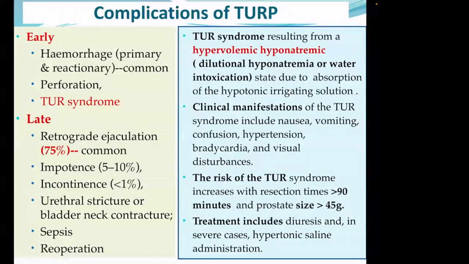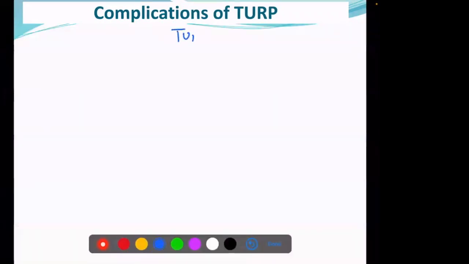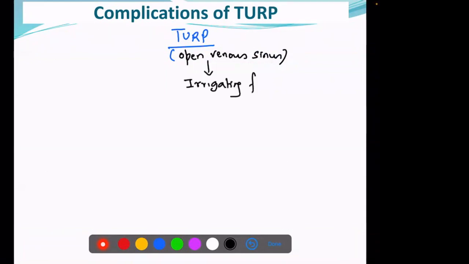TUR syndrome. TUR syndrome means transurethral resection syndrome. When you do TURP, you open the venous sinus. So obviously, when you resect the prostate, some venous sinus will open, right? And as you are using the irrigating fluid, I'm talking about monopolar, okay?